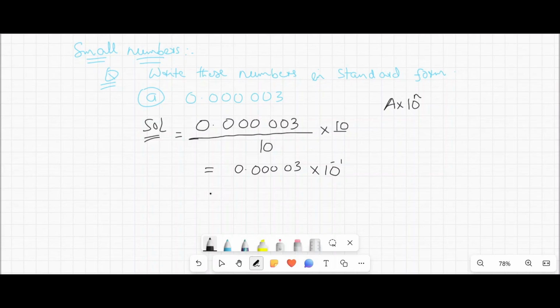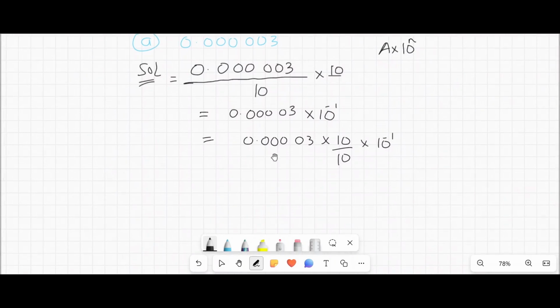So similarly 0.0003 will be multiplied with 10 and divided with 10. So you can cancel the 10 with 10 and you will get the same result.